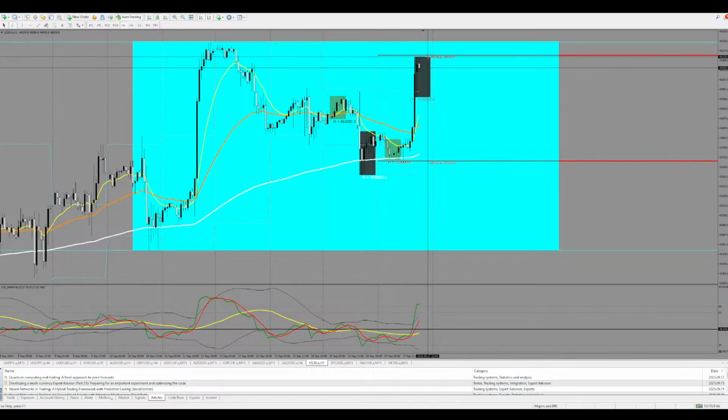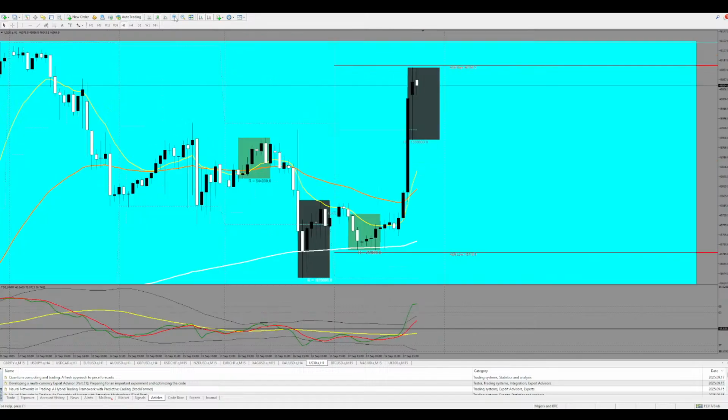So what we are looking for at this point is for price to, having already broken structure here, come back down and retest in this zone before taking off now, giving us an opportunity to buy in line with the trend.